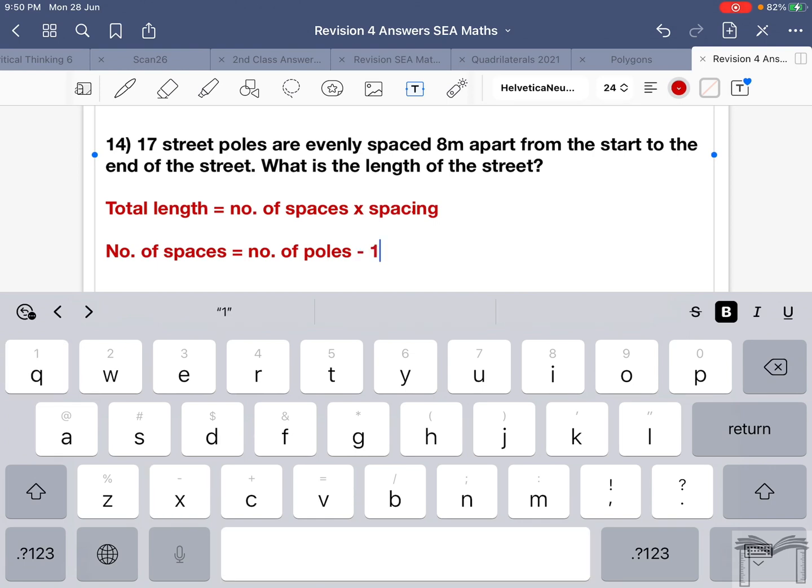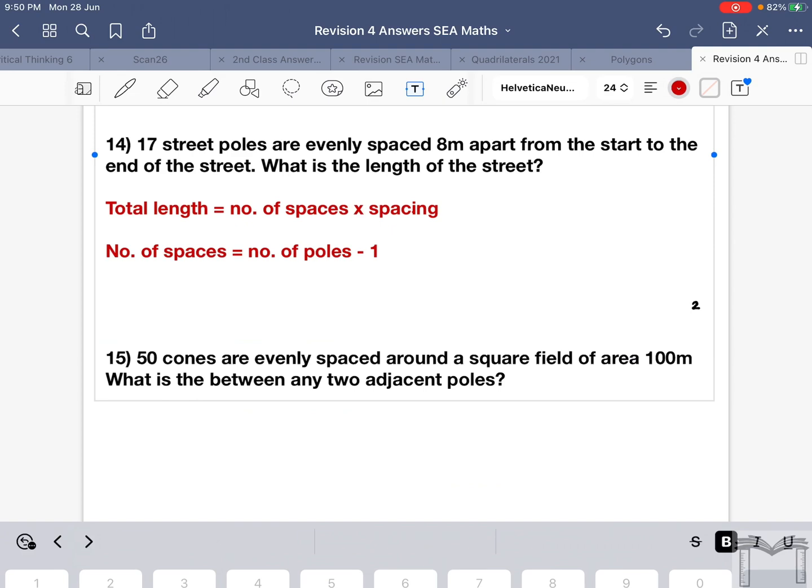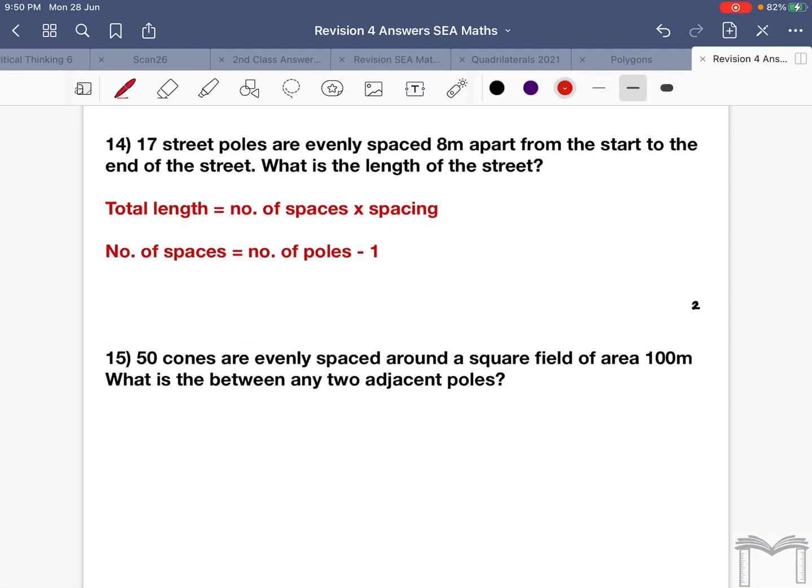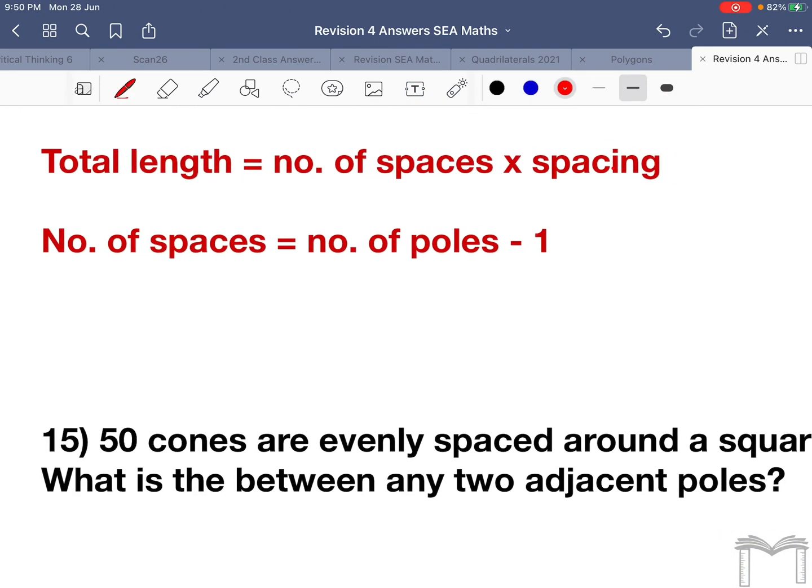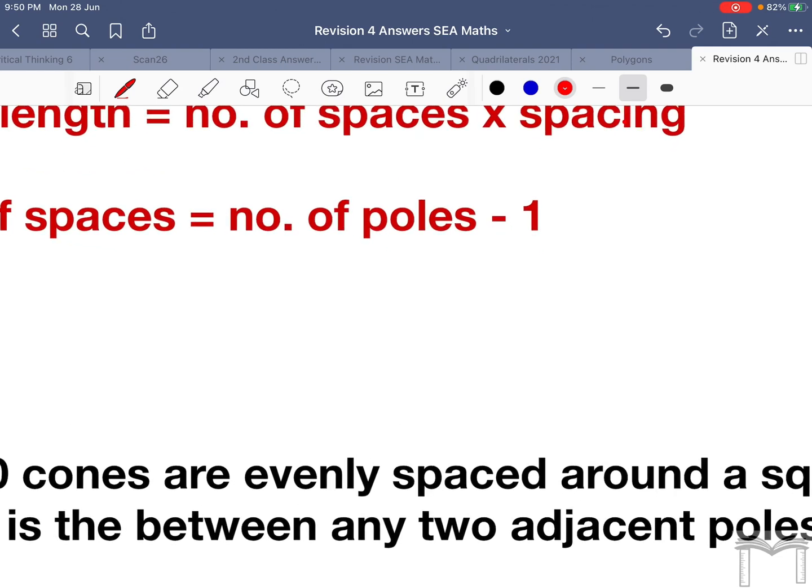And this is for objects such as poles and posts and flags that are in a straight line or not in a perimeter. So this will be 17. They gave us the number of poles to be 17, minus 1, which is 16 spaces.